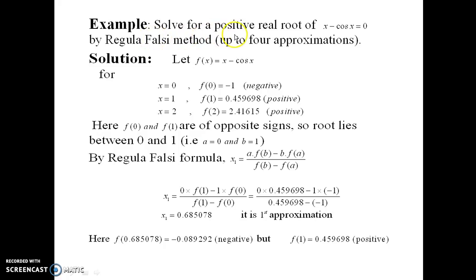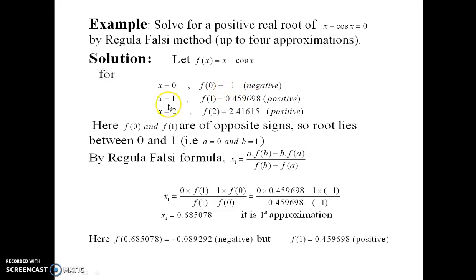Example: solve for the positive real root of the equation x minus cos x equal to 0 by the regula falsi method up to 4 approximations. Let f of x equal to x minus cos x. This is the given equation. Now we have to find an interval where the root of this equation lies. For that, we use the intermediate value property. First take x equal to 0, then f of 0 is equal to minus 1, negative.